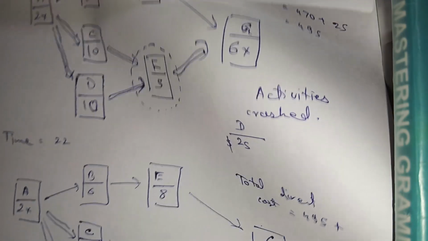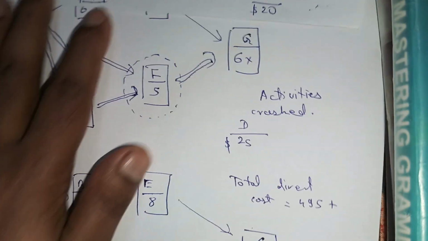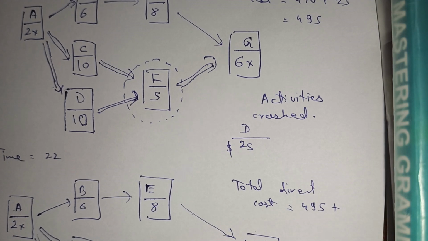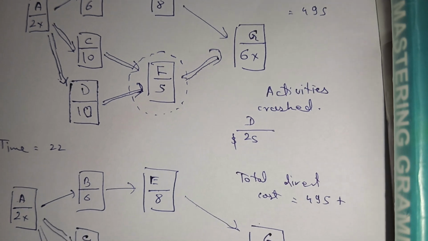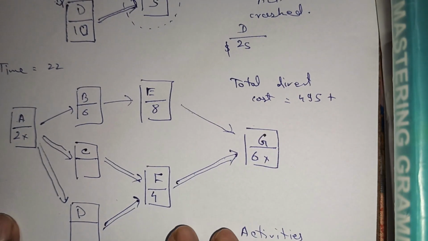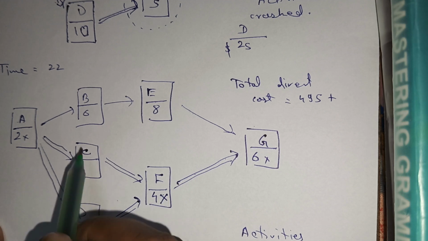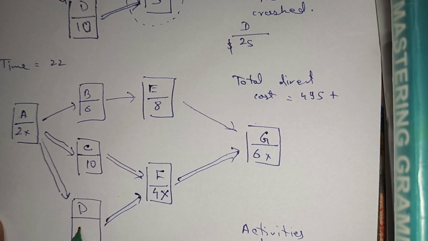Okay, so our next graph would look like this. F will be reduced to 4. Okay, and do we have a provision to crash it further? No, so we write it as 4x, and these remain the same, 10 and 10.